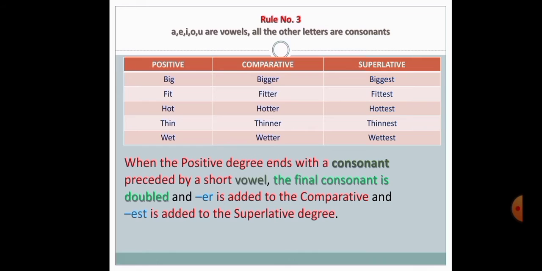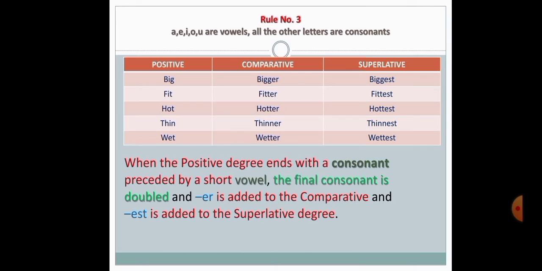A, cake, E, tree, I, light, O, globe, U, music. So we are producing the exact sound that they possess. They are called long vowels.